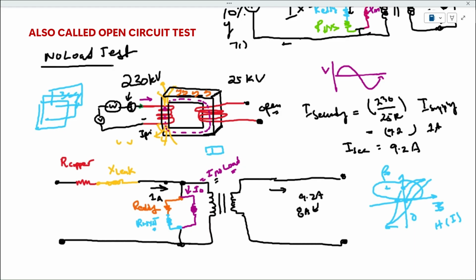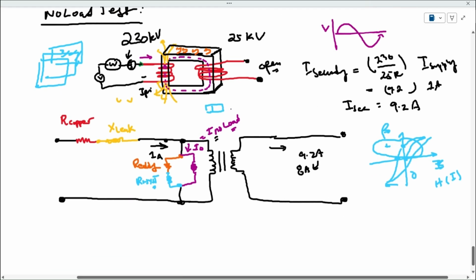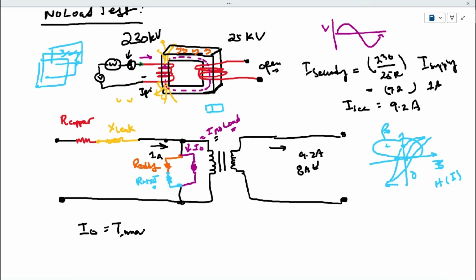It will give you, in summary, two values. It gives you an I naught value, which is also roughly I magnetization, the current that's needed to set up the magnetic fields. And then it also gives you the no load losses.